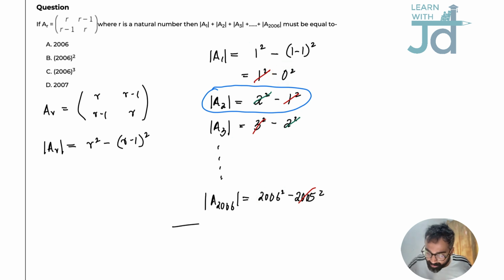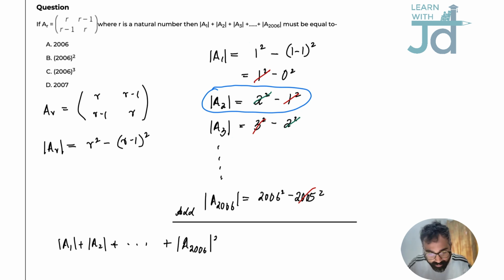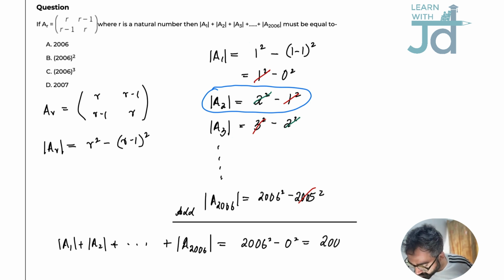So finally when you add it up, determinant A1 plus determinant A2, I'm just adding it up, plus determinant A2006, sorry for the bad calligraphy, is equal to 2006 square minus 0 square, which is basically 2006 square, which is this.